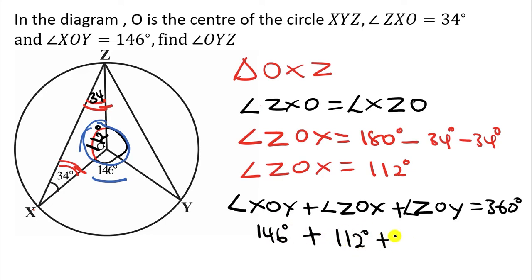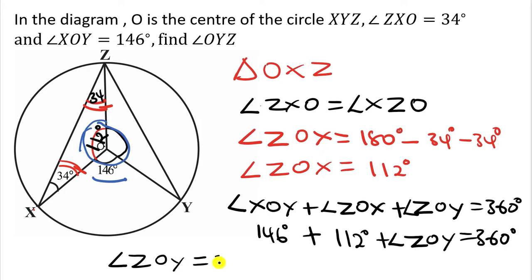Plus the angle ZOY. This will give us 360 degrees. So it means that we have to make angle ZOY the subject. Therefore, we are going to have our angle ZOY to be equal to 360 degrees minus 146 minus 112 degrees. And this will be equal to 102 degrees. So it means that the angle here is 102.